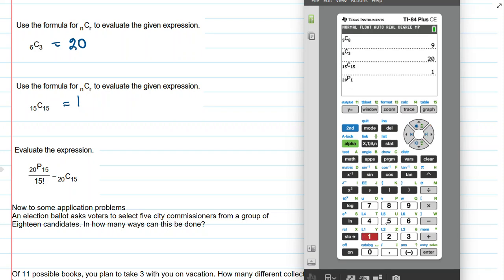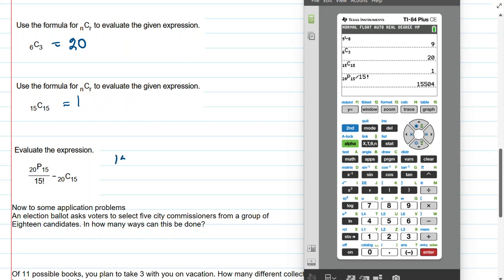And I have a size of 15. And now I'm going to go up arrow there so it's in the same thing. Divided by 15, math, PROB, factorial, which is 4. And we enter. And I get 15,504.